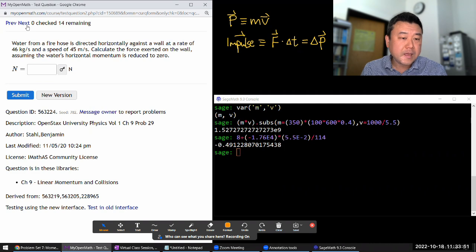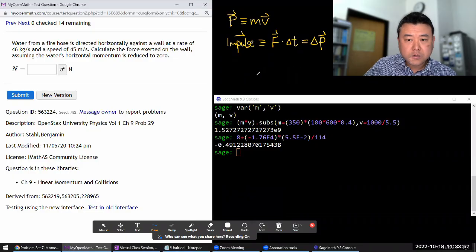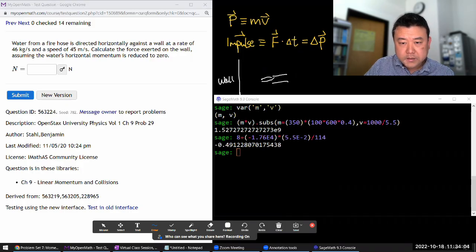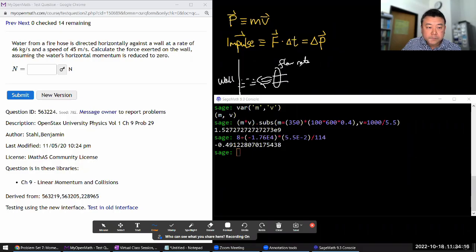So it says water from a fire hose is directed for, so there's my wall, and it says I have some kind of fire hose that's firing water at a flow rate of 46 kilograms per second, and they are coming out at a speed of 45 meters per second.